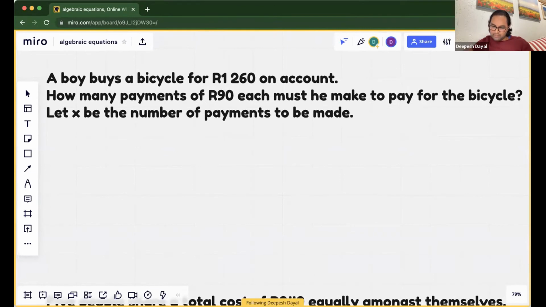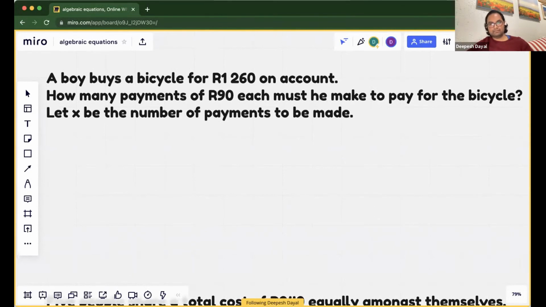So how are we going to do this? How are we going to form an equation for this one? A boy buys a bicycle for 1,260 on account. How many payments of 90 Rand each must he make to pay for the bicycle? It's a bit tricky.